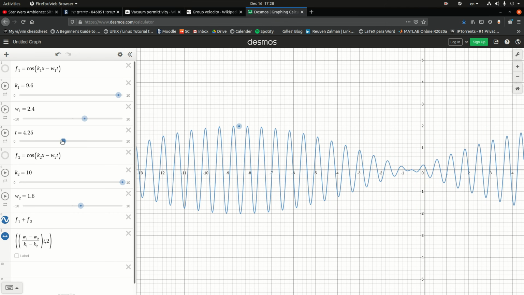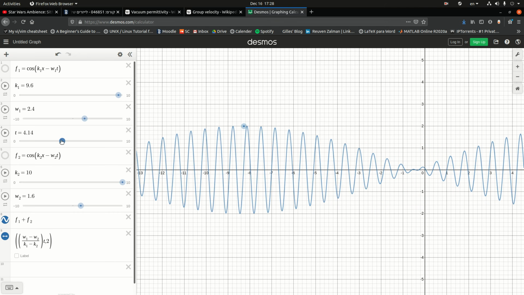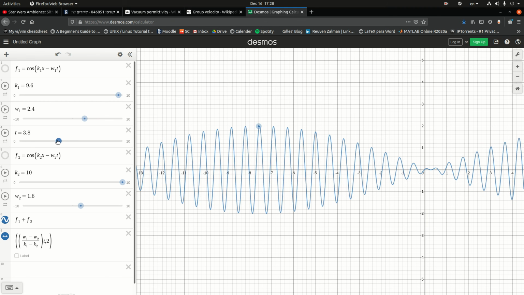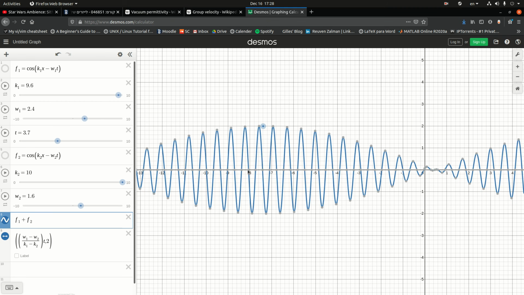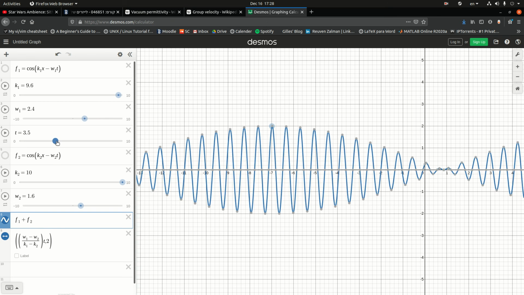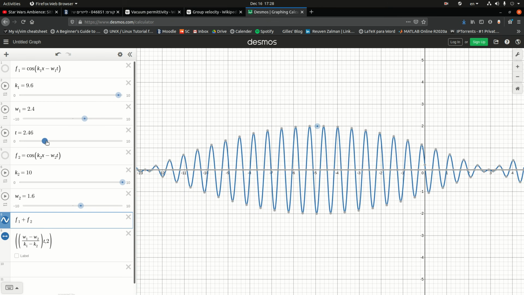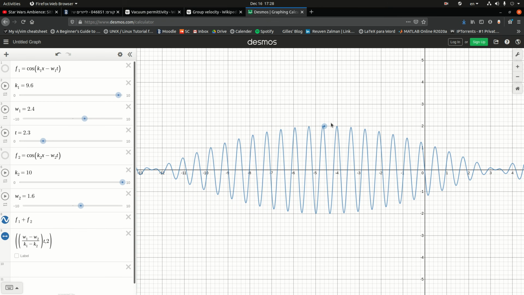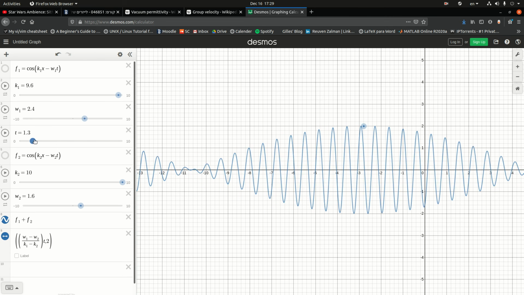You can take a look at what happens when I move just a little bit. You can see the phase velocity moving in one direction, moving to the left, but the group velocity, the point, moves in the opposite direction.